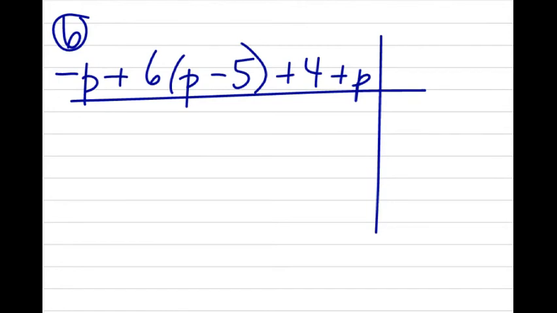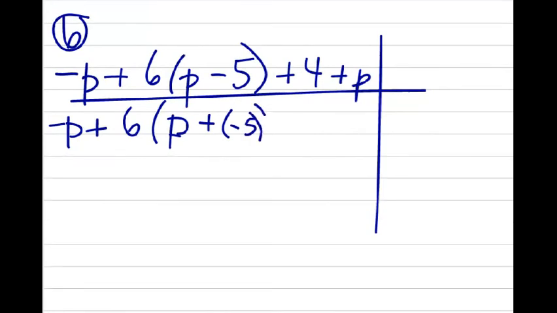Let's get rid of all the subtraction using our additive inverse. Negative p, there's nothing wrong with that. We're looking for subtraction, not negatives. My plus is fine, my 6 is fine. This p is fine. This subtraction is not. So subtraction becomes addition, 5 becomes negative 5. There's nothing wrong with my plus 4 or plus p.